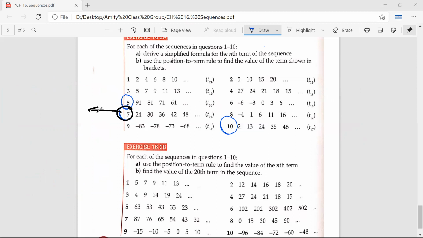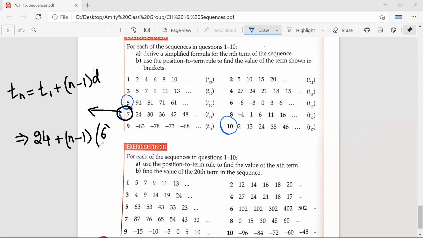Sanvi, how did you find Tn? Tn will be 21 plus n minus 1 into 6, which will be 21 plus 6n minus 6. So it should be 6n plus 15. Beta, the first term is 24.